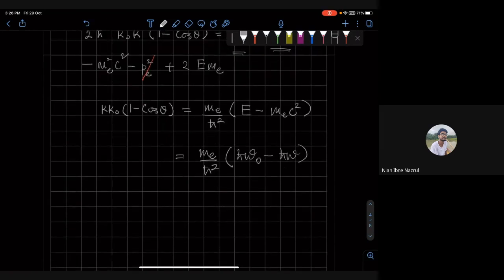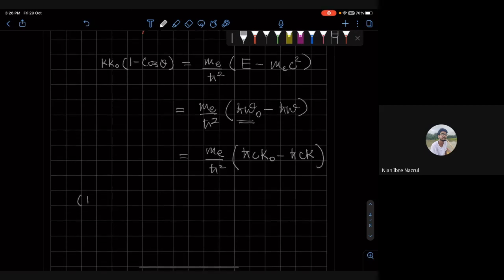So now we can rearrange this again. This can be written as, okay, let me just do one more step, me by h bar squared. This can be written as h bar ck naught minus h bar ck. Then 1 minus cosine of theta is going to be me by h bar squared.